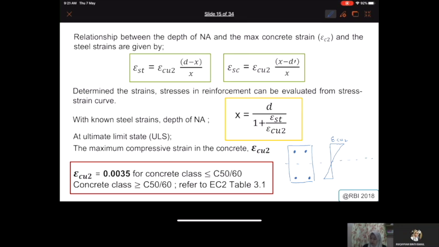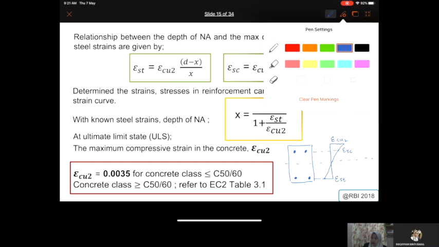reinforcement. Means that you have two layers of strain coming from the steel. So you have strain in steel at compression and strain in steel at tension. Okay, so you have two conditions.